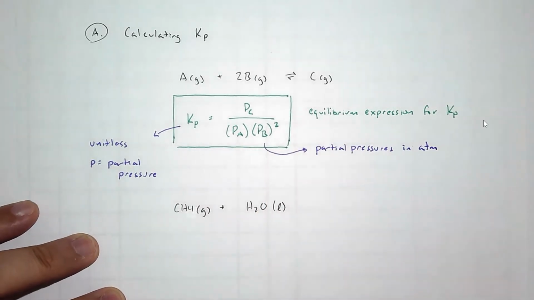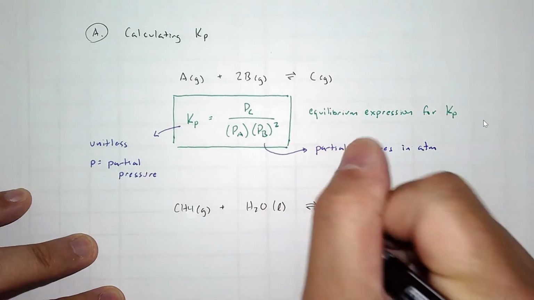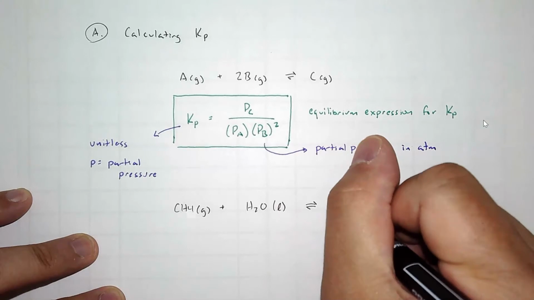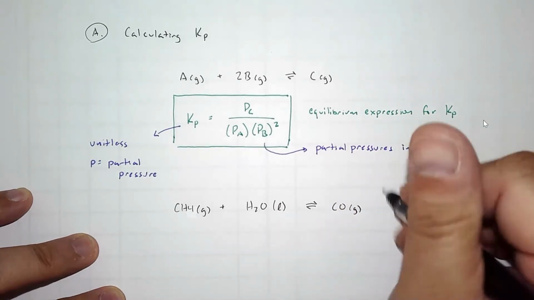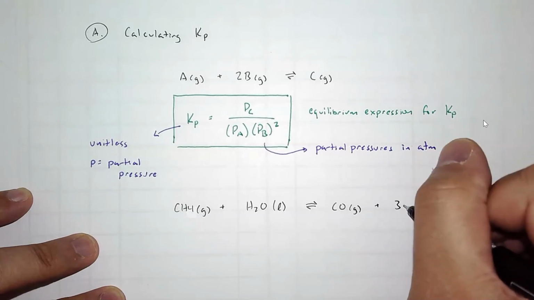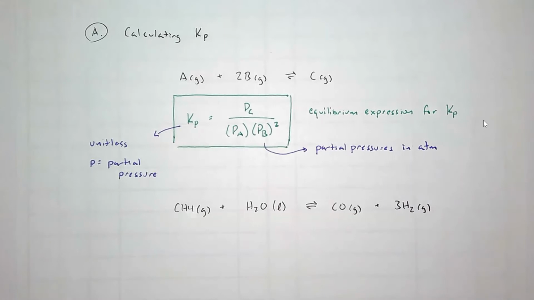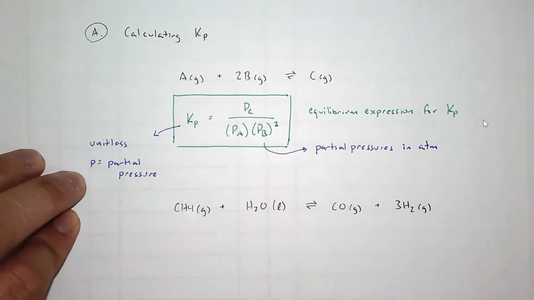In the previous video, we discussed: do not use liquids and solids in the equilibrium expression. Next, CO gas, plus 3H2 gas. I think it is balanced. Six hydrogens. Okay, good.